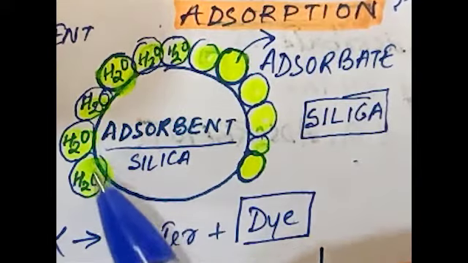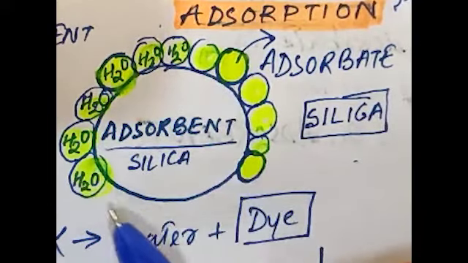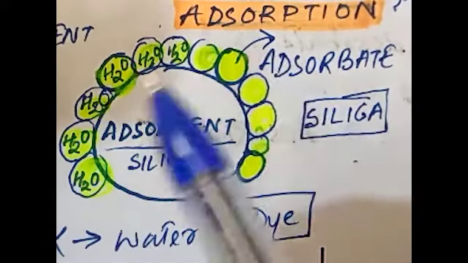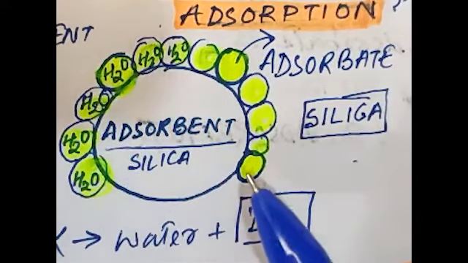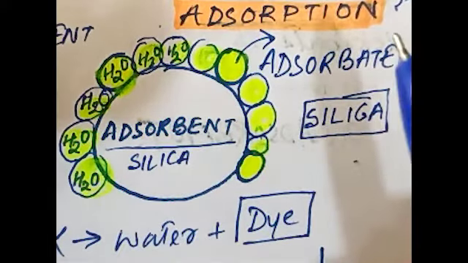As the surface area reduces because of adsorption, the speed of adsorption also goes down. It starts very fast, and when the surface gets covered up, the process of adsorption becomes slow.